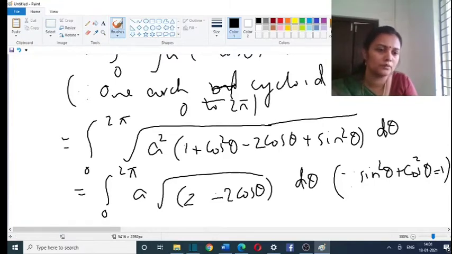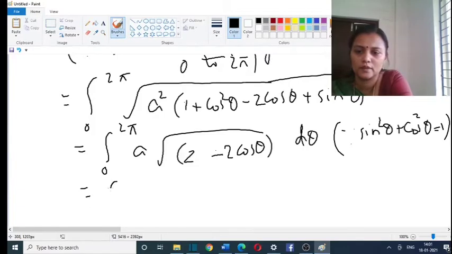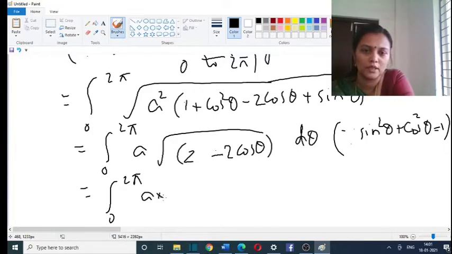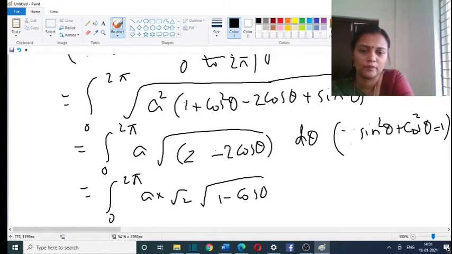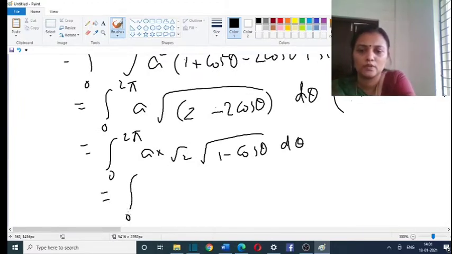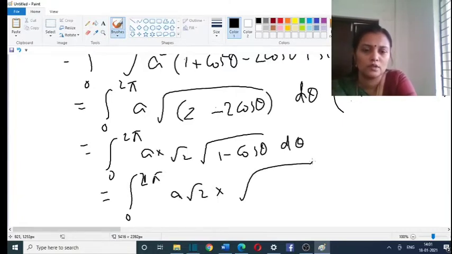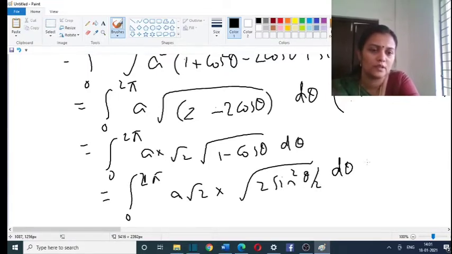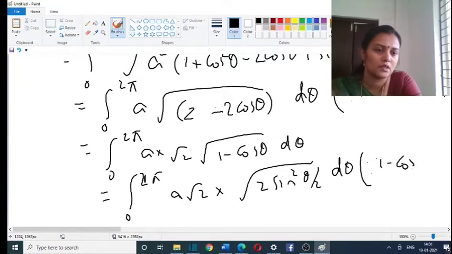Which is equal to the integral from 0 to 2 pi of a into, taking 2 outside, 2 square root of 1 minus cos theta d theta. Now 1 minus cos theta is 2 sin square theta by 2, since 1 minus cos theta is equal to 2 sine square theta by 2.